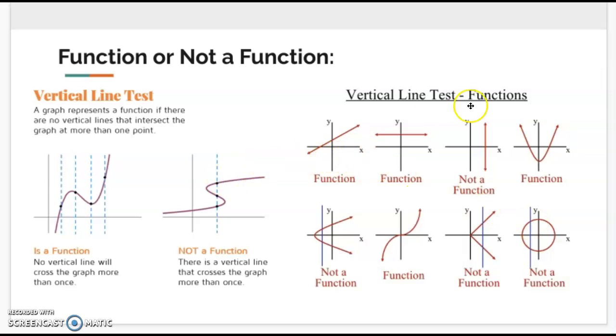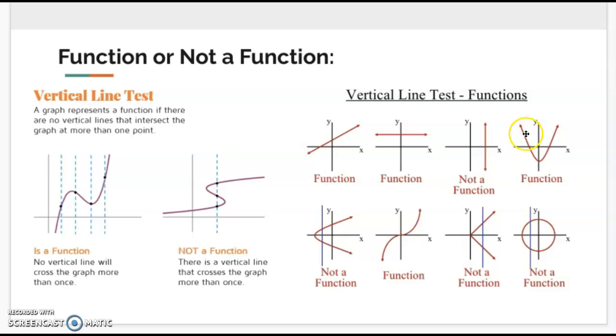So over here I have a bunch of examples of what are and are not functions. This straight line is going diagonal, which means at any point, if I were to draw one line on there, it's only going to hit at one spot, so this one is a function. Same thing with this one, vertical line test. If I draw a vertical line, it should only hit at 1 point. This one is a vertical line, which means it's hitting every single point on that graph, so it is not a function.